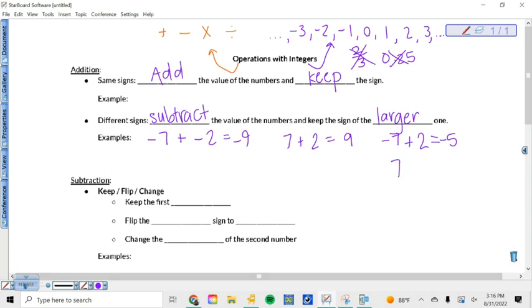And then just the opposite, 7 plus -2. So these have different signs, right? So I got to subtract. 7 minus 2 gives me 5. And I keep the sign of the larger one. 7 is still larger than 2, but 7 is positive in this one, so my answer stays positive.